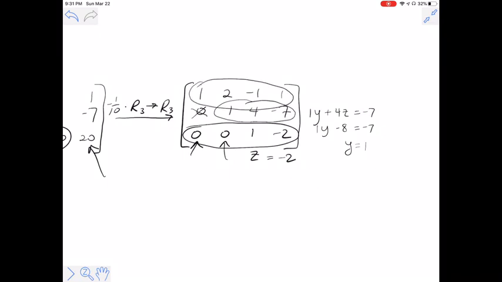Now if we move up here, there's a 1 coefficient for x. There's a 2 coefficient for y. There's a negative 1 coefficient for z. But we know that y equals 1. And we know that z equals negative 2. So this is x plus 2. And then negative 1 times negative 2 is positive 2.